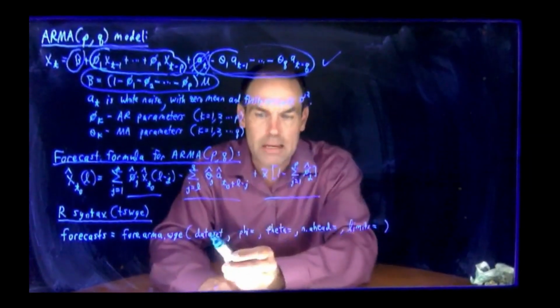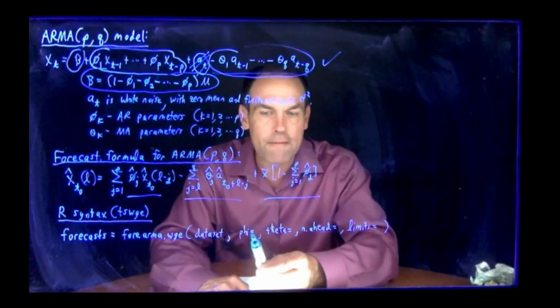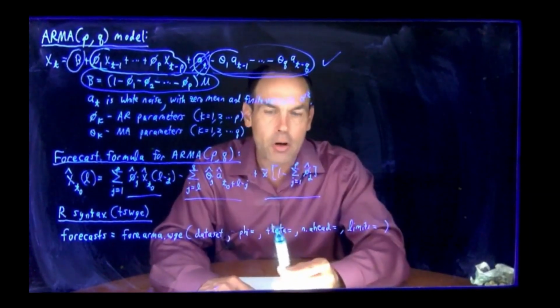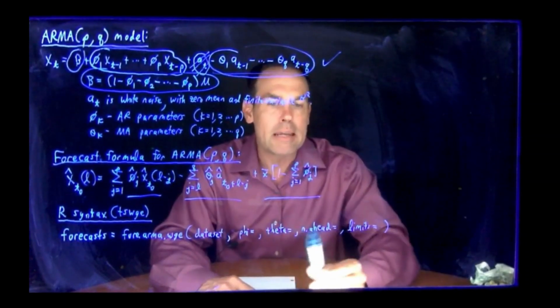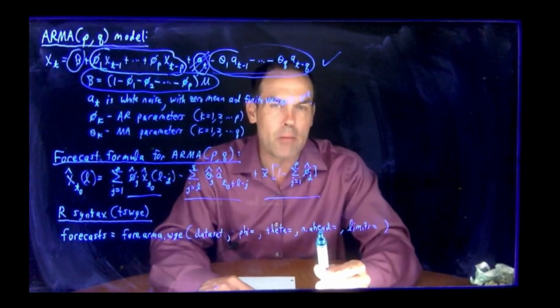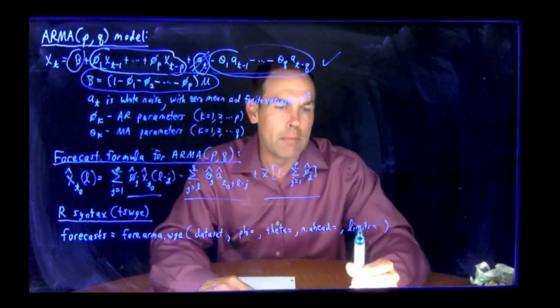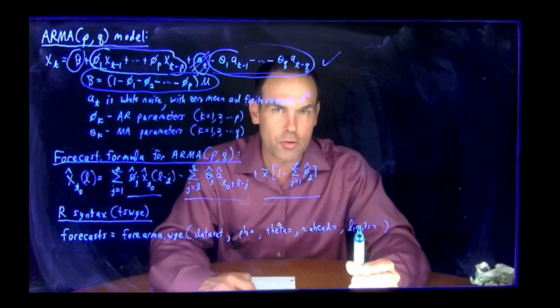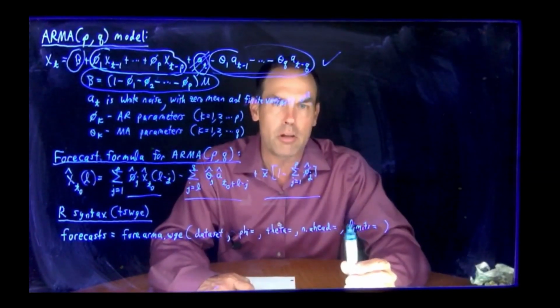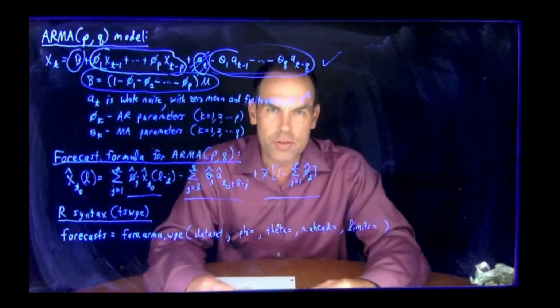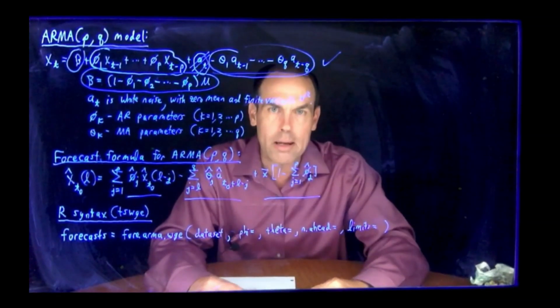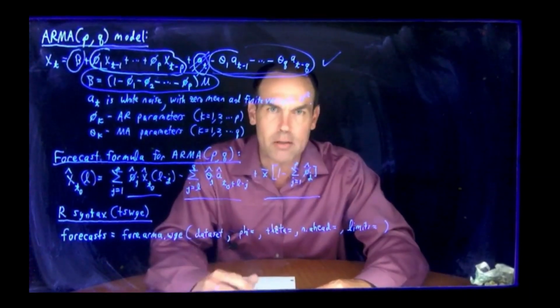The arguments would be: give the data set, then give the phi values, phi equals, so there's the AR terms, and then the theta values, that's the MA terms. n dot ahead would be the number of forecasts, and then limits would be either false or true, depending on whether you want the limit lines or not. And we'll see in an upcoming video how we actually put this forecast function into place on a real data set.